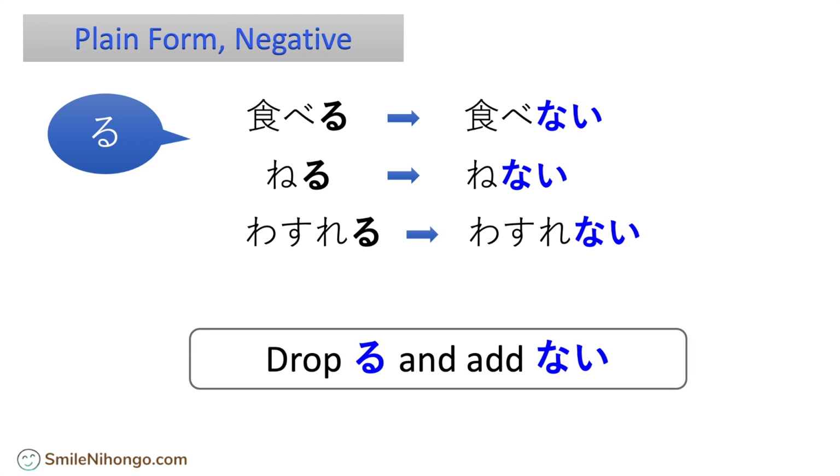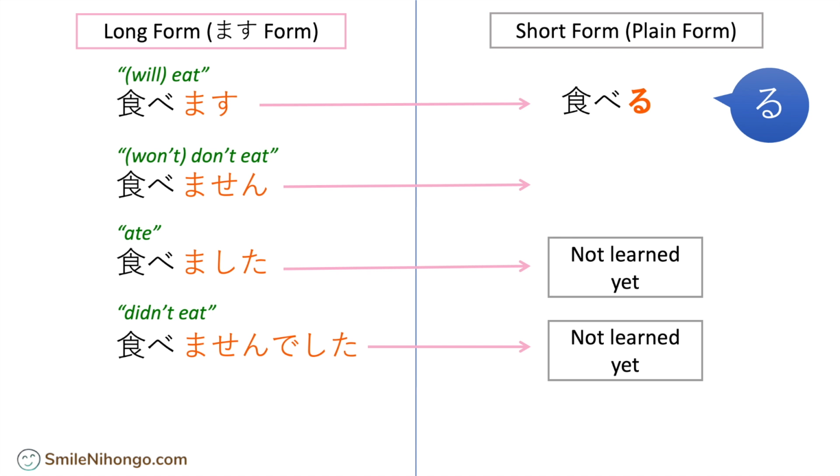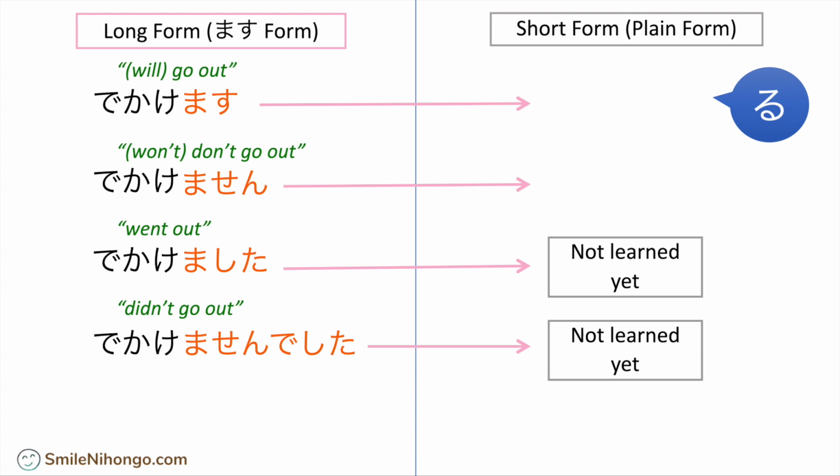Right, you simply need to change the ending ru to nai. That's it. That's how you conjugate plain ru verbs into the negative form. So in the diagram earlier, now you know 食べません in plain form is 食べない。 Can you say this in plain form then?